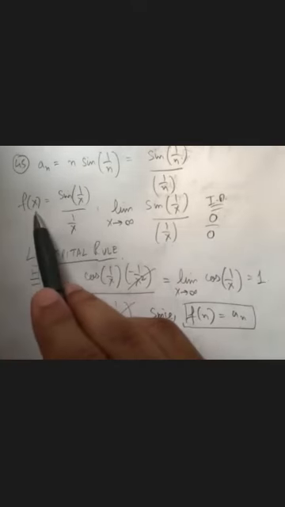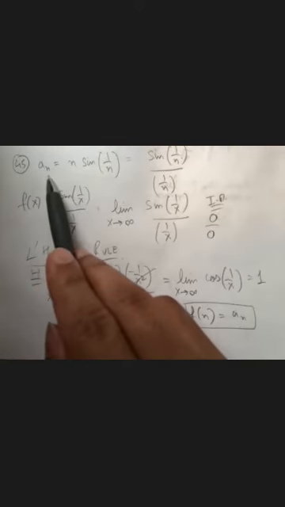Because this is finite, now since f of n is a n, right? I'm now just changing back to n from x. From x, I'm changing back to n.